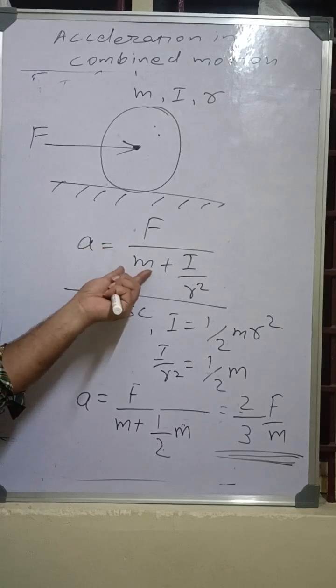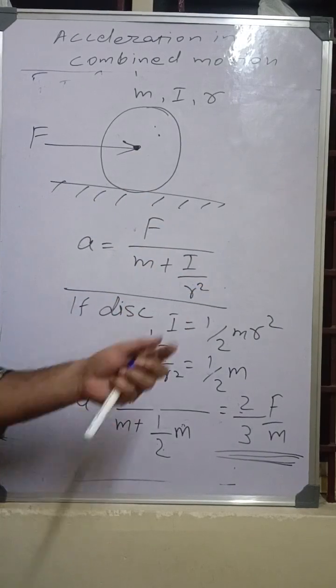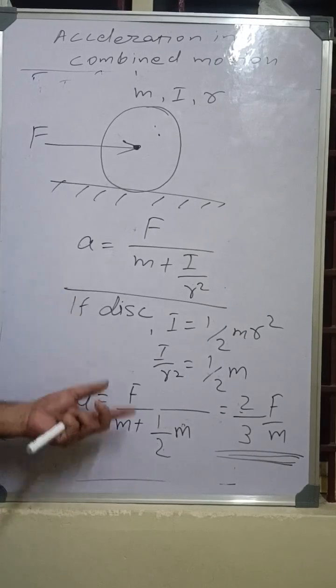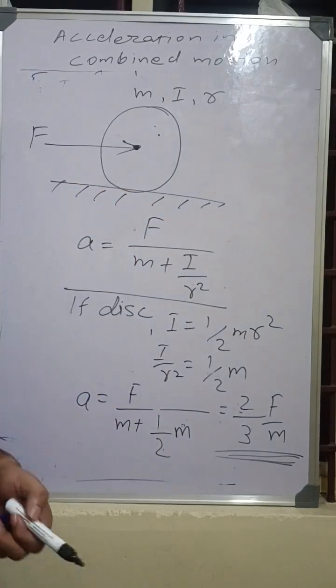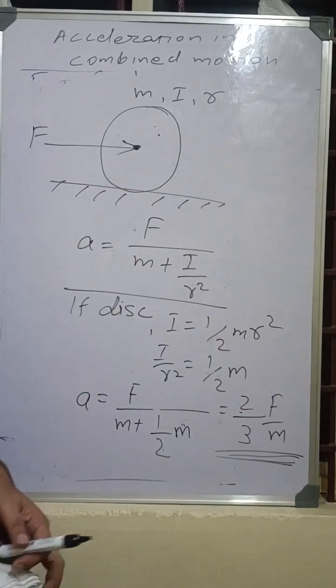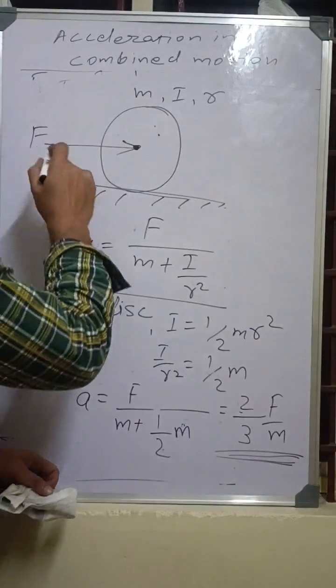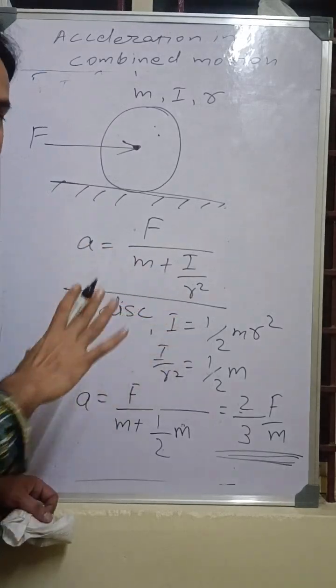So in translation the inertia is m, and in rotation the inertia will be I by r squared. Put the values, and you will get exactly the same acceleration. So remember this trick: acceleration equals net unbalanced force divided by total inertia. For rolling on a horizontal surface, if the force is acting at the center, then only this formula can be applied.